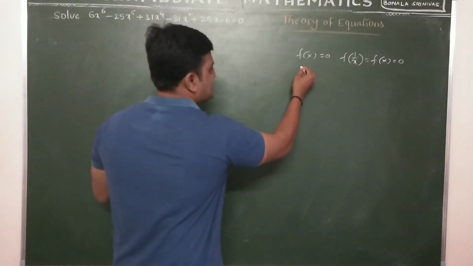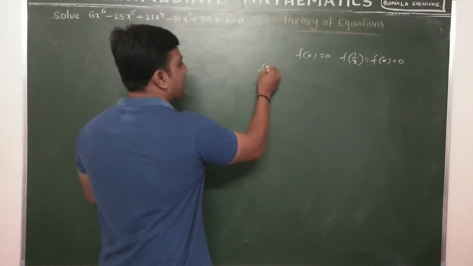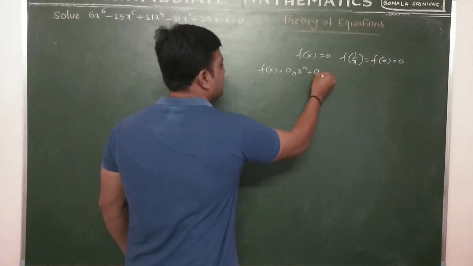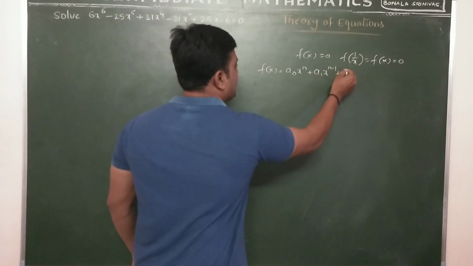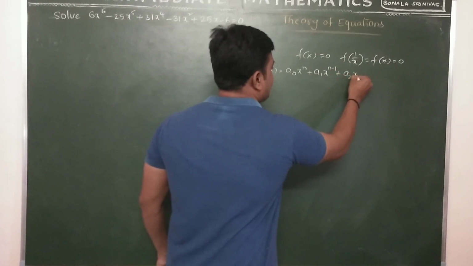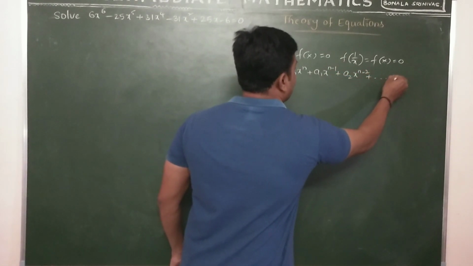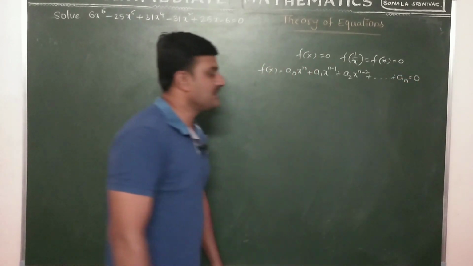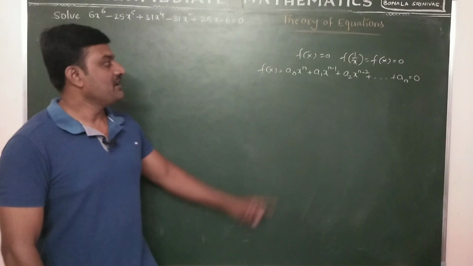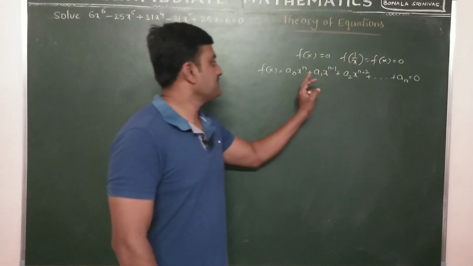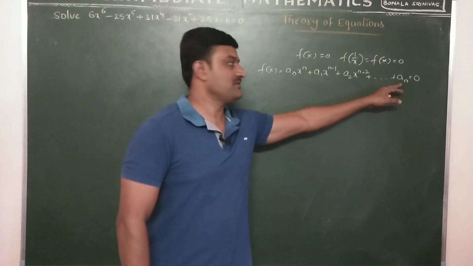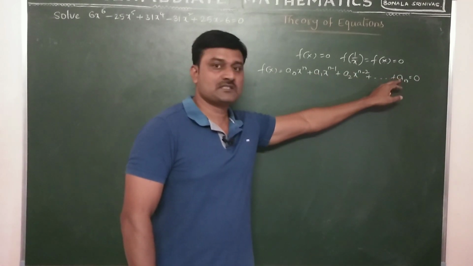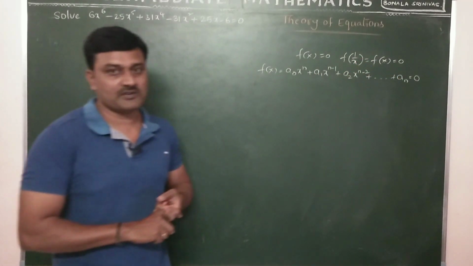What are the classes? If f(x) = a0 x^n + a1 x^(n-1) + a2 x^(n-2) + and so on up to an = 0, it is called a reciprocal equation when the coefficients are equal like this: the first and the last, the second from the first and the second from the last, equal to each other.